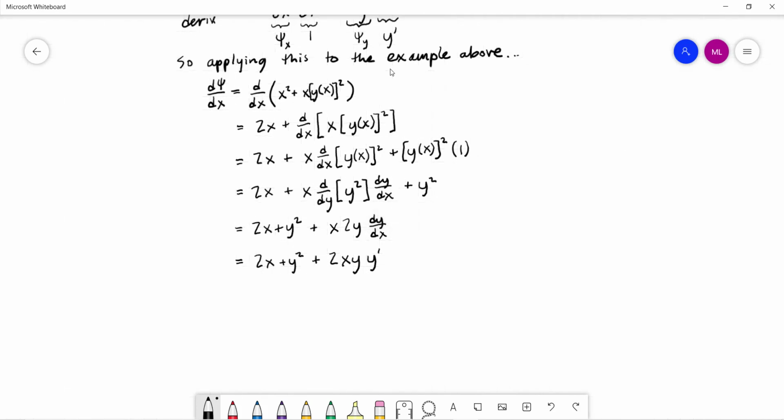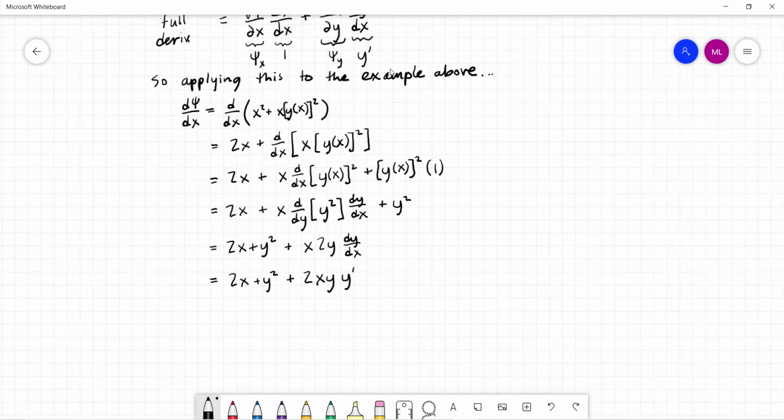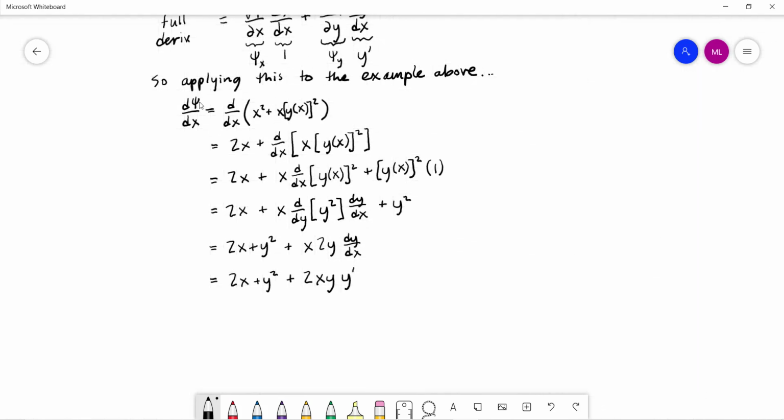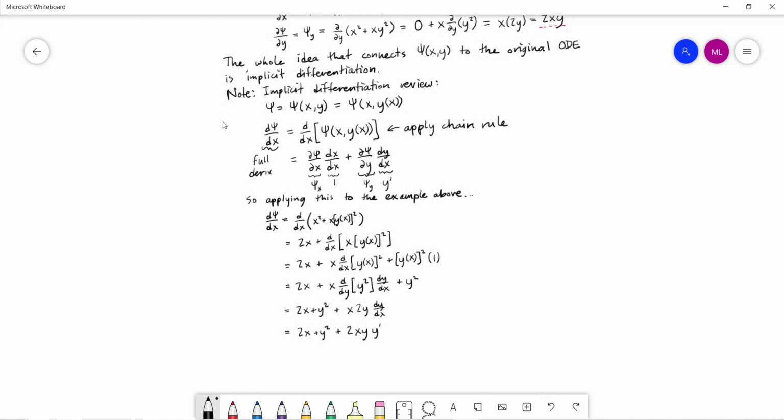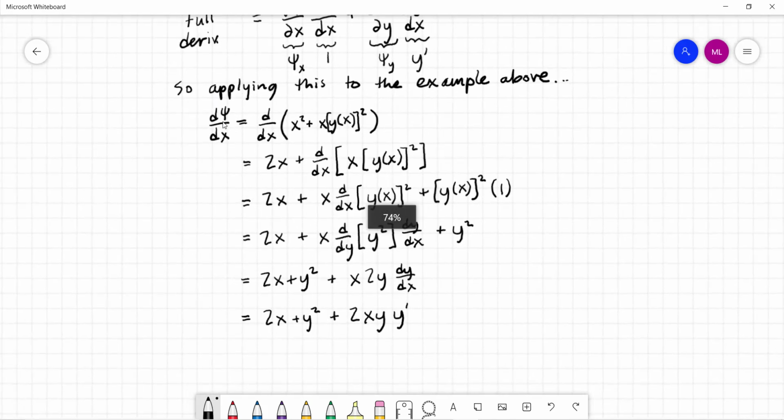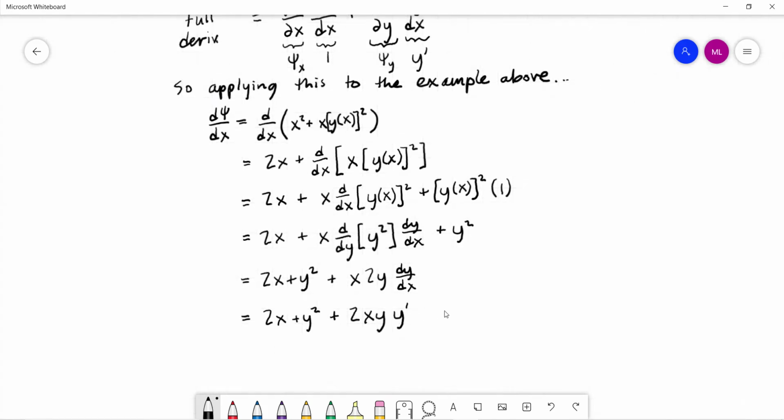So this isn't our solution to the original differential equation, and we haven't talked about where on earth we came up with this guess for psi anyways, but we'll talk about that in a minute. But how does this relate to, again, the solution of the original equation? Notice what we've found here. This whole thing here is the left-hand side of the original ODE.